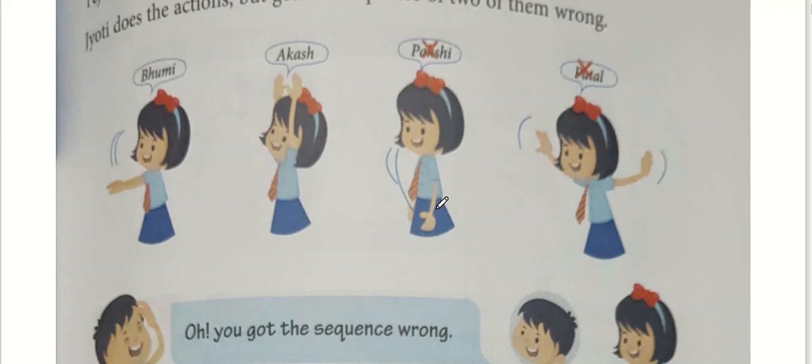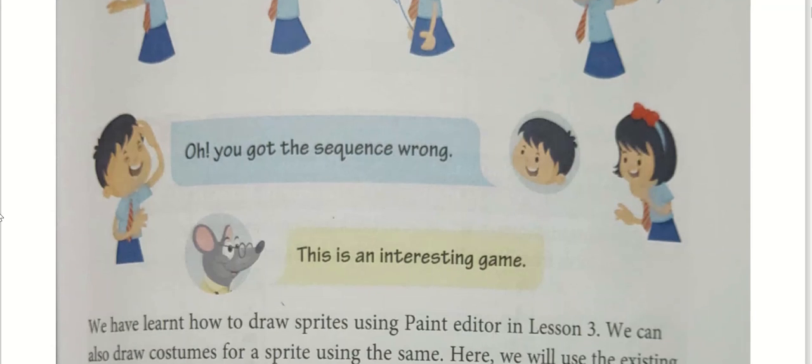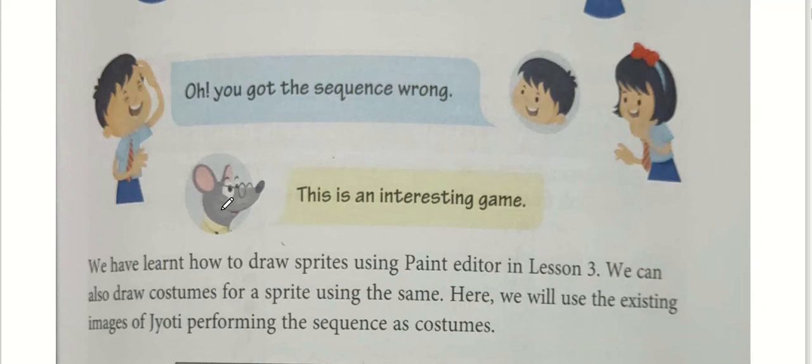So this is not the Pakshi pose, this is the Patal pose and this is the Pakshi pose, not the Patal pose as instructed by Tejas. Then Tejas says, oh, you got the sequence wrong. Then Moz says, this is an interesting game.